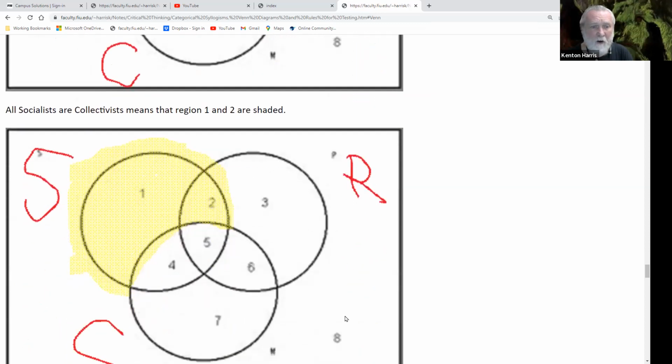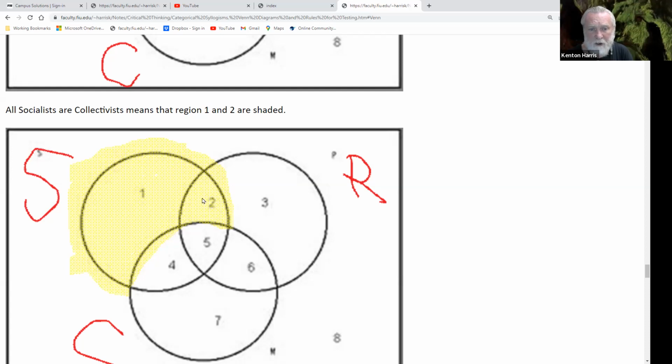And then we have all socialists are collectivists, right? Well, region 1 and region 2 would be inside the socialist circle, so they're socialists, but they're outside the collectivist circle. Oh, but you just said all socialists are collectivists. So if there are any socialists, they'd have to be here in region 4 or here in region 5, but they're not here, right?